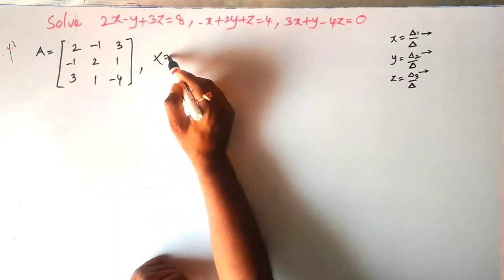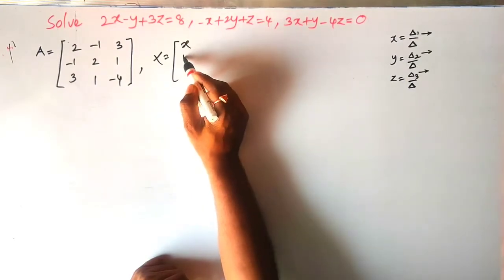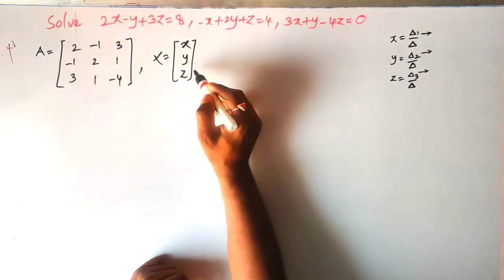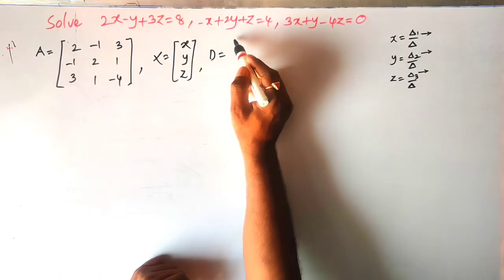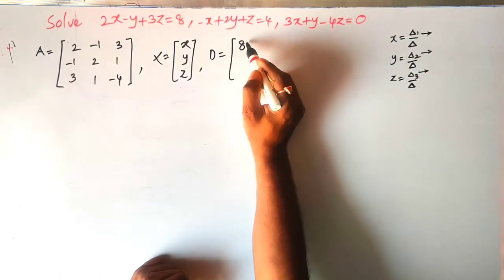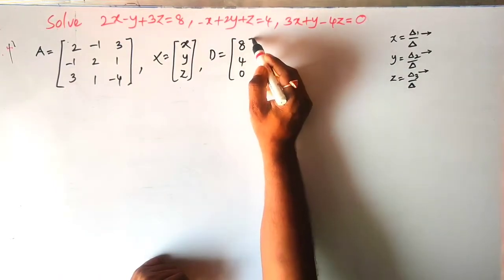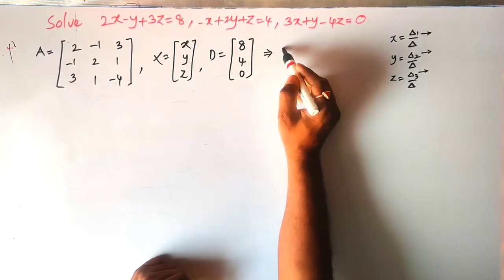Next we write X equals x, y, z, the variable matrix. This is the constant matrix D: 8, 4, 0.